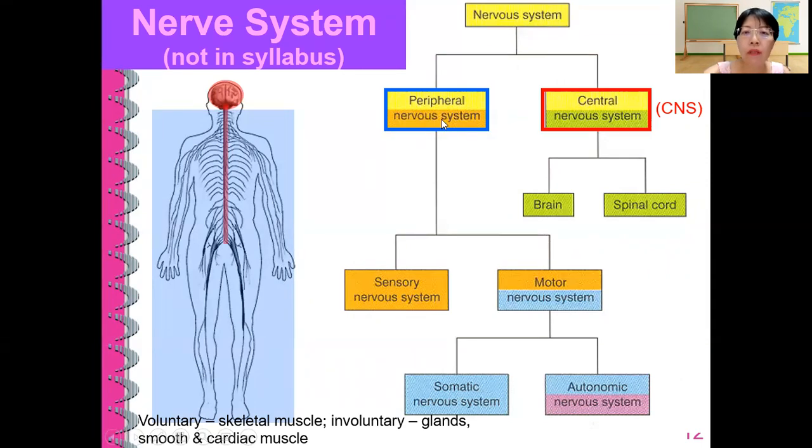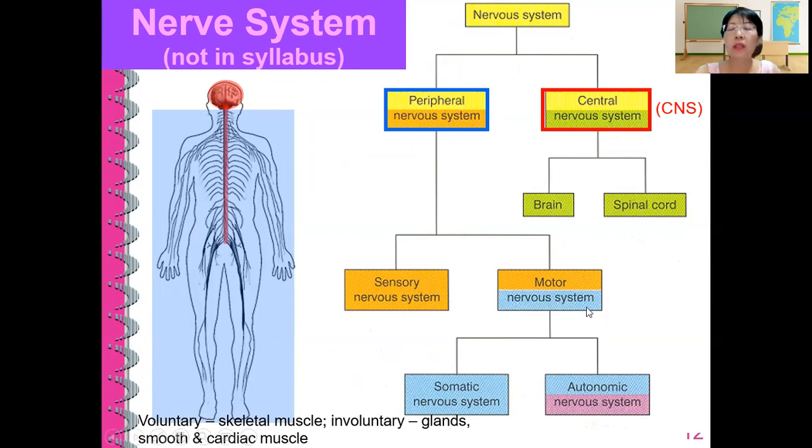Now, the peripheral nervous system can be further divided into the sensory nervous system and the motor nervous system. Just now I briefly mentioned the differences between sensory and motor. The sensory nervous system is made up of sensory nerves, which are made up of sensory neurons. Those neurons send electrical impulses from your sense organs to your central nervous system.